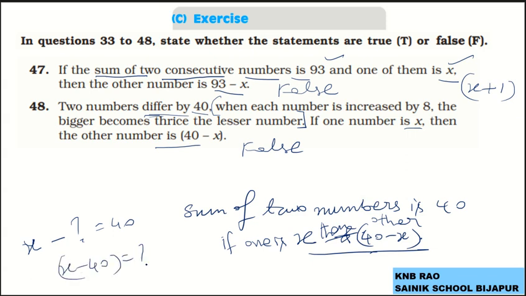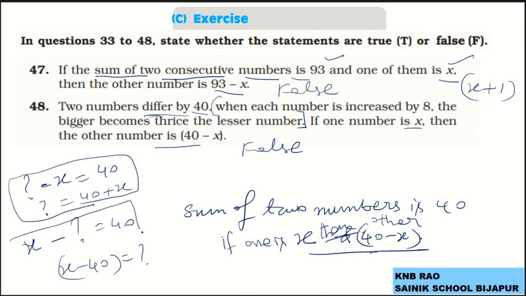Suppose you consider the subtrahend as x and the difference as 40, then to find the minuend, this minuend becomes 40 plus x. So in both cases we won't get this one, it is false only.